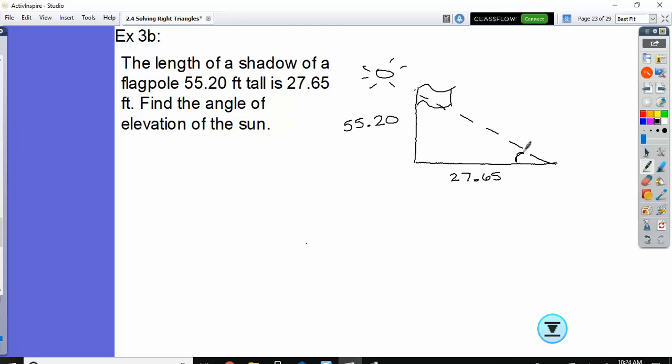We're talking about this angle right here. Okay, so from that angle, what would my trig function be? 55.20 is opposite, 27.65 is adjacent. So we would do tangent.